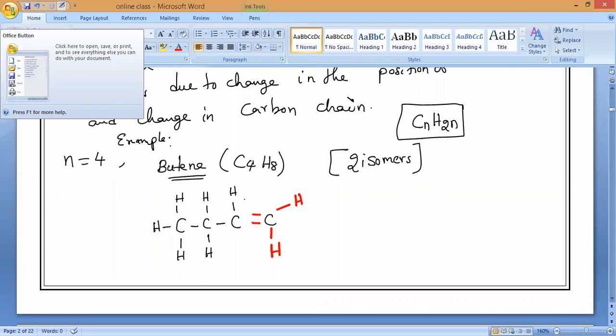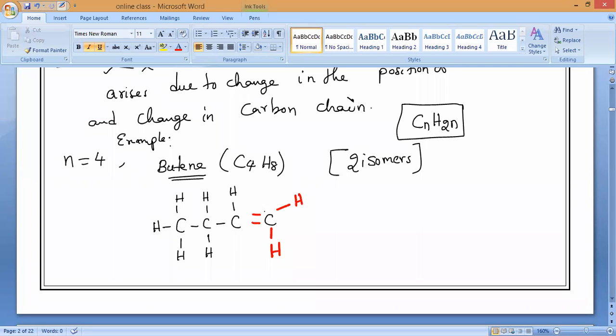It will start from this side: 1, 2, 3, and 4. 1-ene is the name of this one. But-1-ene.